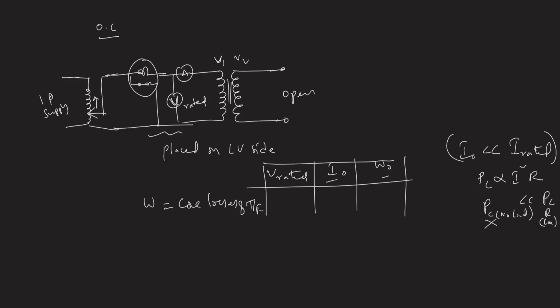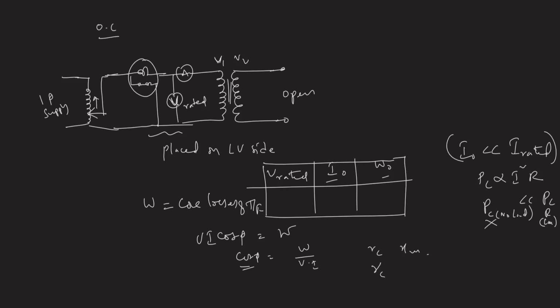So from here, I have also given the calculations for how you have to find the cos phi. V into I into cos phi equals the wattmeter reading, so cos phi equals the wattmeter reading by V into I, and from here I will be calculating RC and XM.